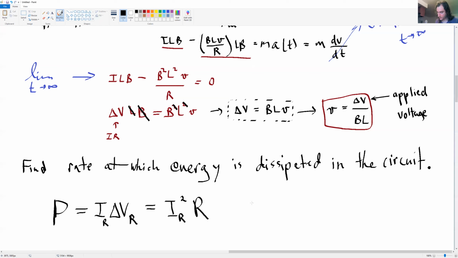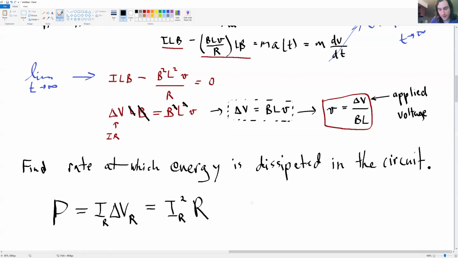Right, that was the question that I had there for myself. Obviously we have to do work to move this thing. The net force is 0, so the net amount of work here is 0, but there's power being dissipated by the resistor. There's also power being supplied by the battery.